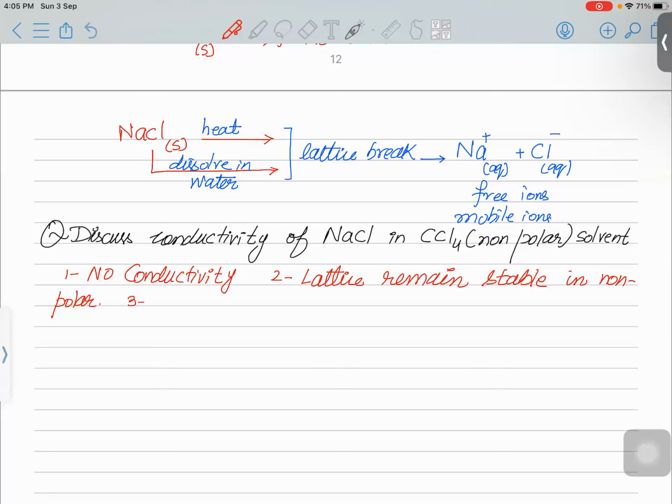Point number 3, ions are not mobile. These 3 points are very, very important. Number 1, number 2, number 3. Any question?